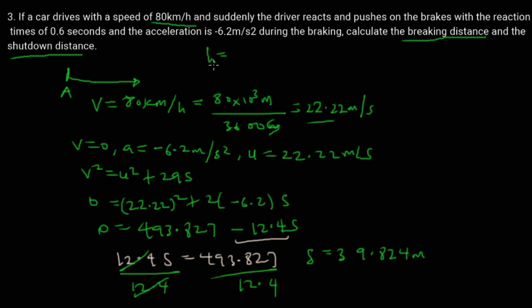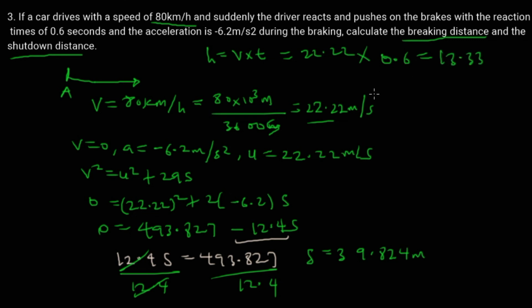Of course, the distance is velocity multiplied by the time, where the time is the reaction time. So the velocity in this case is 22.22 multiplied by the reaction time, which is 0.6. That's 13.33.